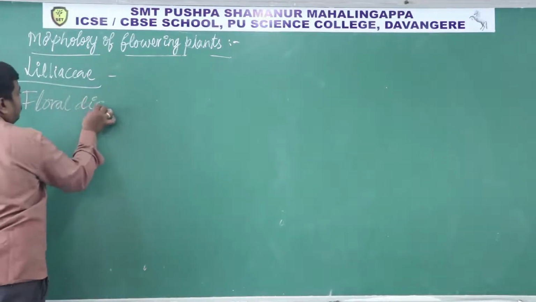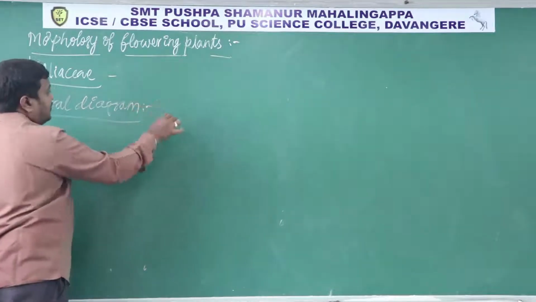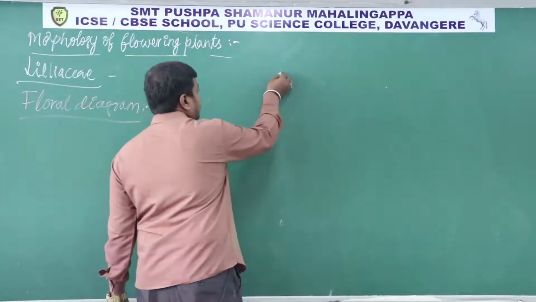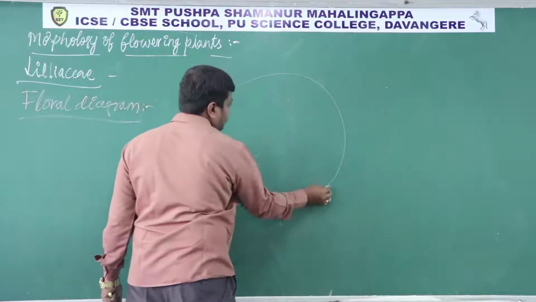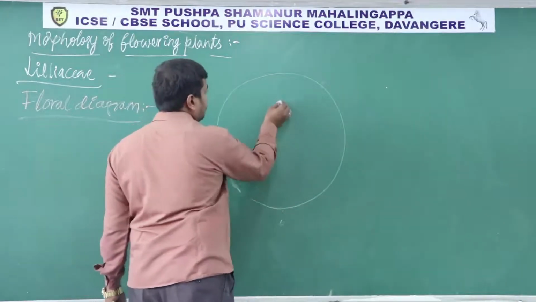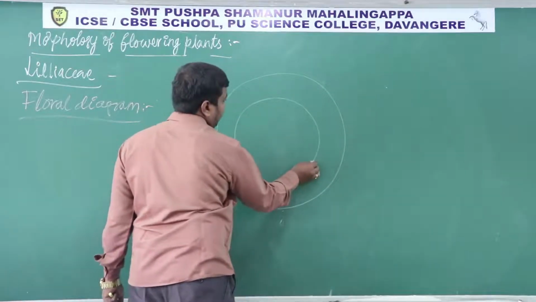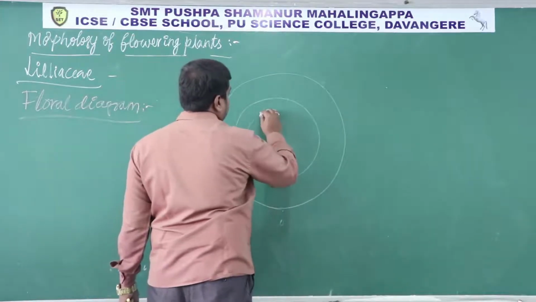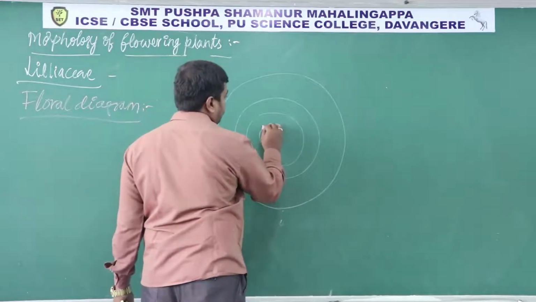Floral diagram. Okay, so in the floral diagram, it has tepals, totally 3 tepals inside and 3 tepals outside, and the flower is actinomorphic. Then stamen and carpel.